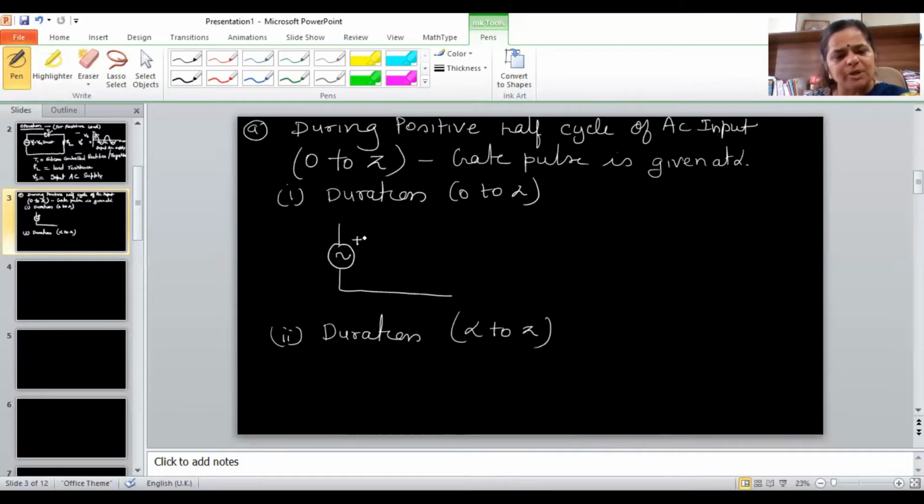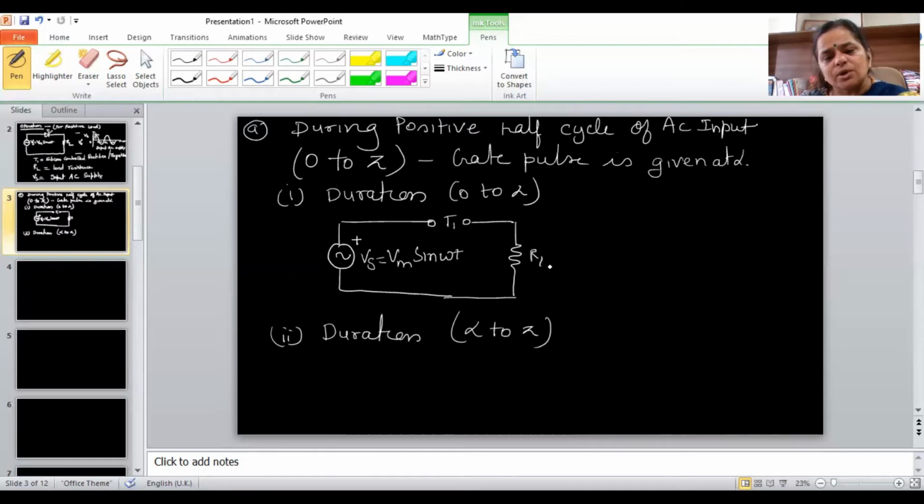Okay, so between 0 to alpha, as I am talking about the positive cycle, the upper terminal of the supply is positive. So this is the positive half cycle of the input. The SCR, although it is forward bias, will behave as an open circuit because the gate pulse is not given to it. So what will be the load voltage across the load resistance? As the supply is fully disconnected from the load, the output voltage will be 0.